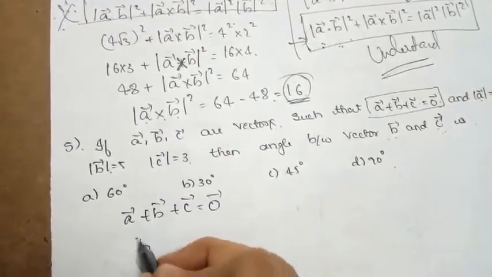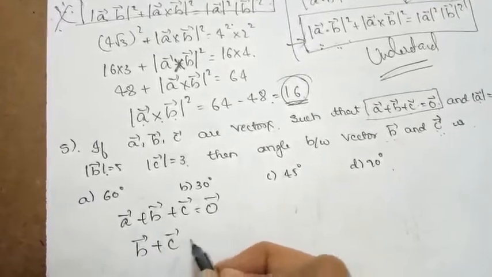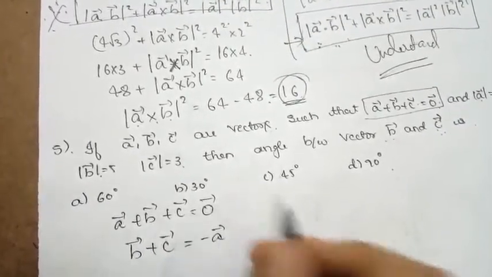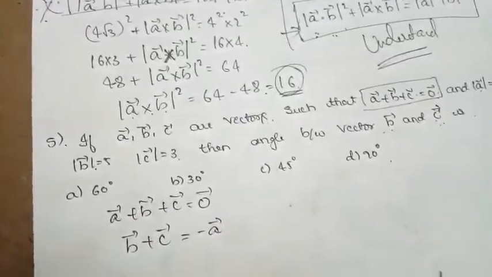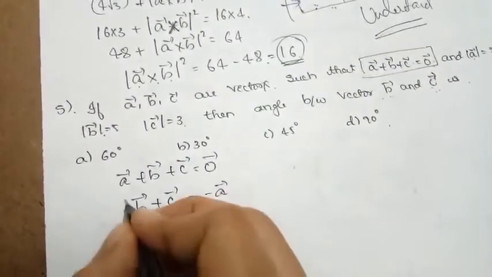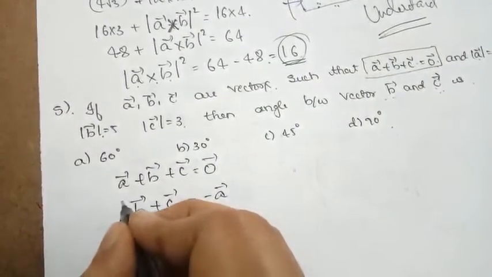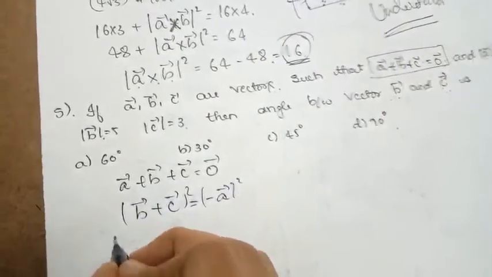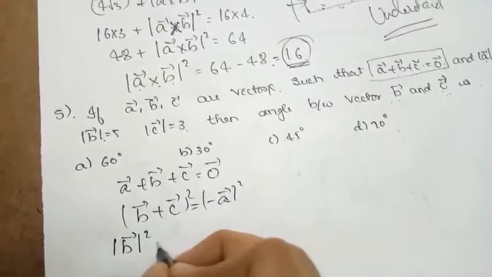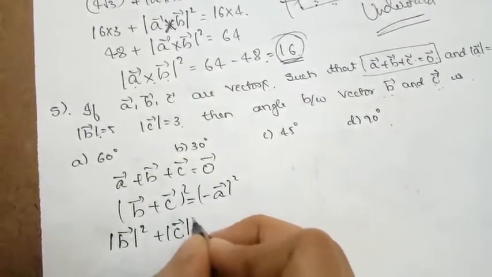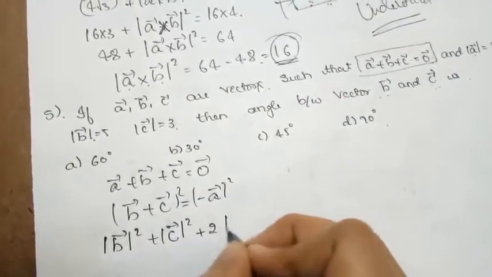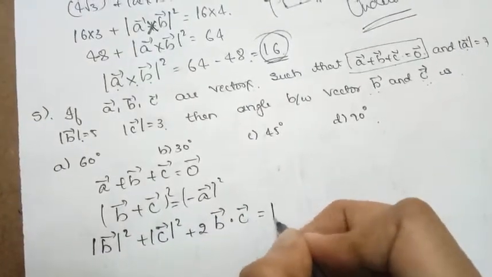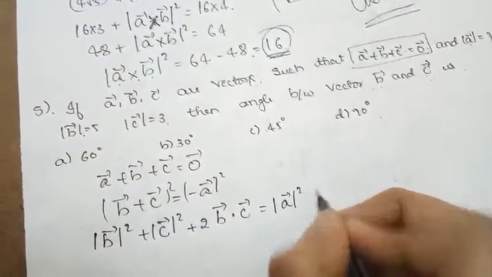So I will keep vector B and vector C as they are, and move vector A to the RHS. Now squaring both sides, we get magnitude of vector B squared plus magnitude of vector C squared plus 2 times vector B dot vector C is equal to magnitude of vector A squared.